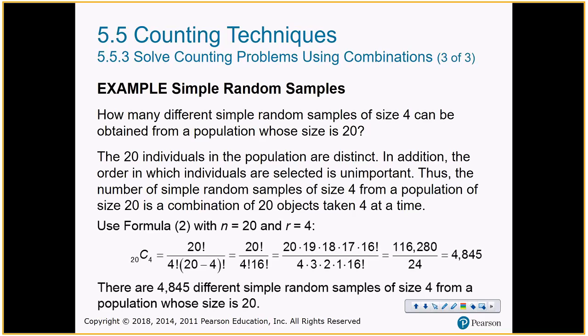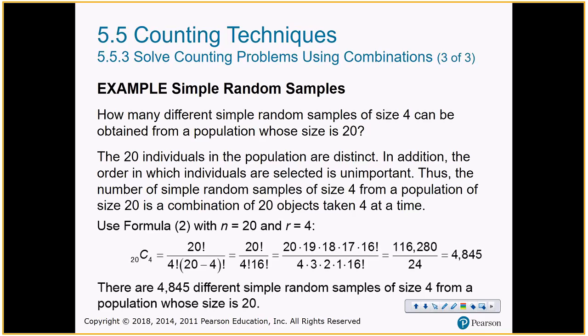I don't know. What does this say? Okay, this is something different. I've never seen this question. How many different simple random samples of size 4 can be obtained from a population whose size is 20? Now remember, a random sample is when y'all put y'all's names in a hat. That's a random sample. A simple random sample is if I was to take these two people and call this group A, put their names on a piece of paper and say group A. Boom. Put it in a hat. These three people put their names on a piece of paper and call them group B. Everybody with me?